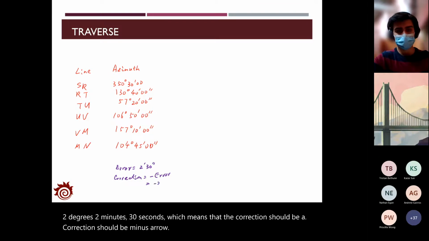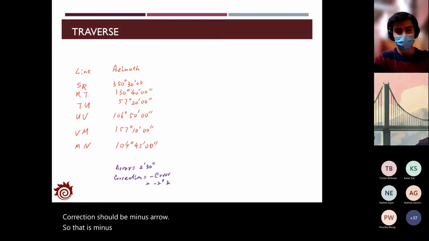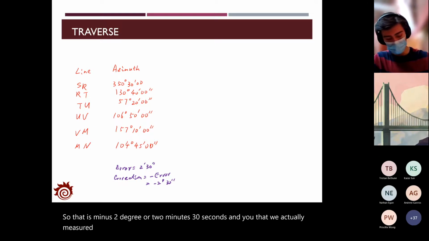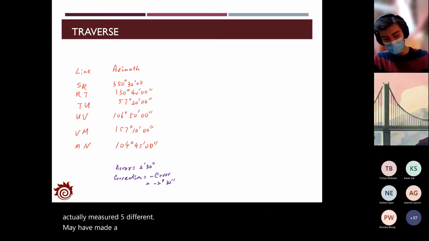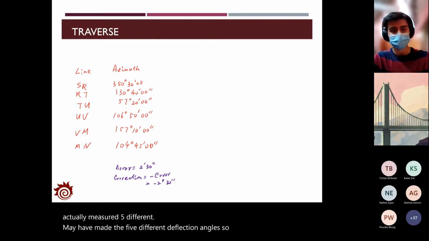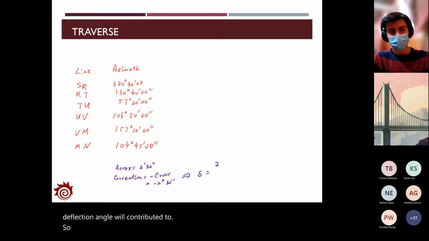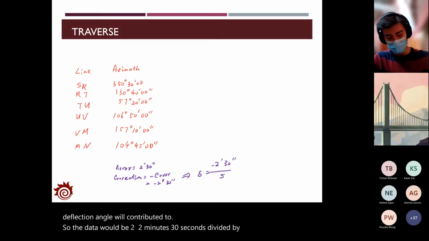So that is minus 2 minutes 30 seconds. And you know that we actually measured 5 different deflection angles. So on average, each deflection angle will contribute to the correction, so the data would be minus 2 minutes 30 seconds divided by 5.